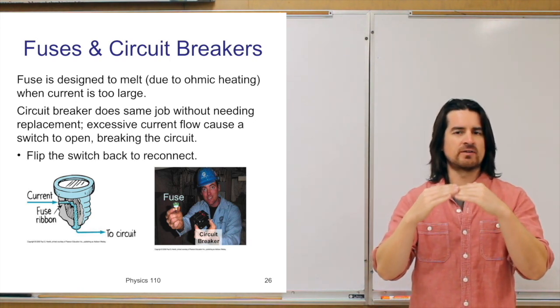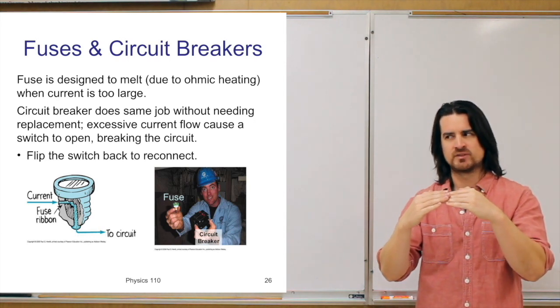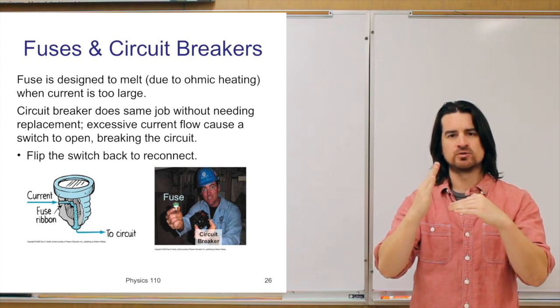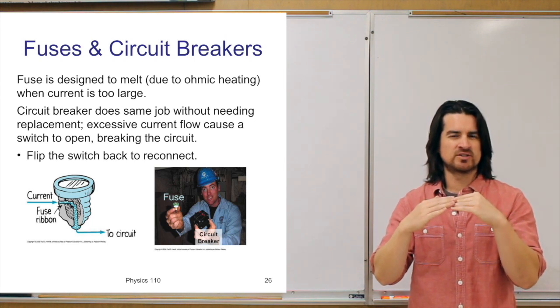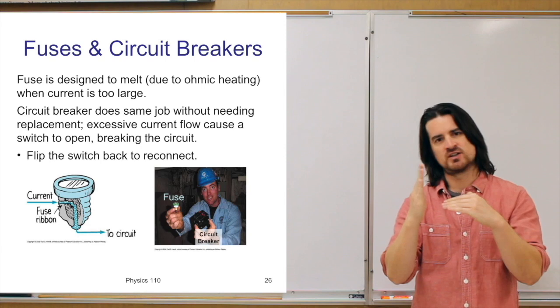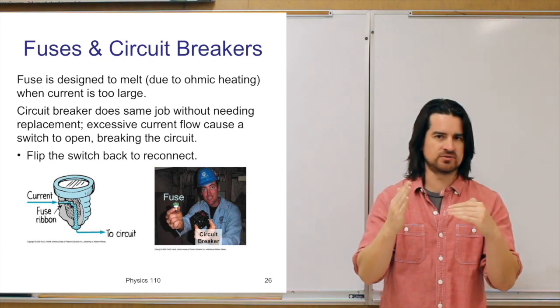But essentially, when enough current flows, it causes a magnetic force to arise that pulls that switch open. So don't worry too much about how that works. I think we'll probably talk about it next time. But essentially, when enough current flows, it's like a magnet switches on and pulls that switch open. So then you've broken the circuit, no more current flows.